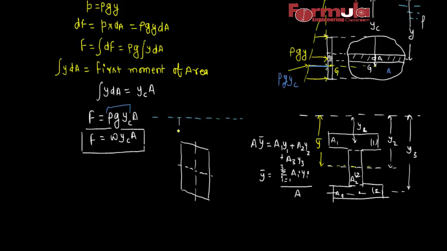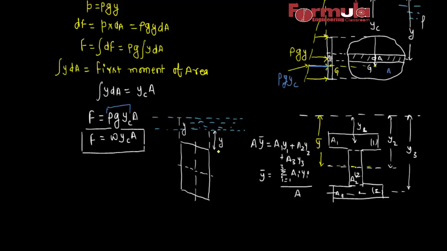So let's suppose the top edge of this vertical plane surface is y distance below the free surface of fluid. So this is y, this is also y, this is also y. This is our free surface of fluid.